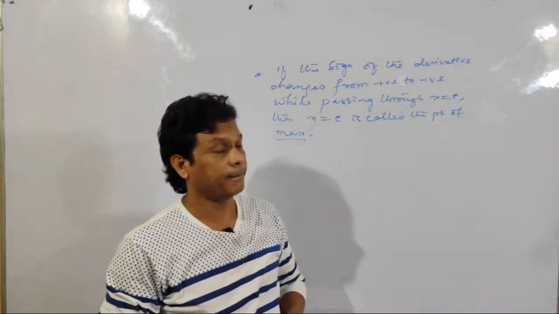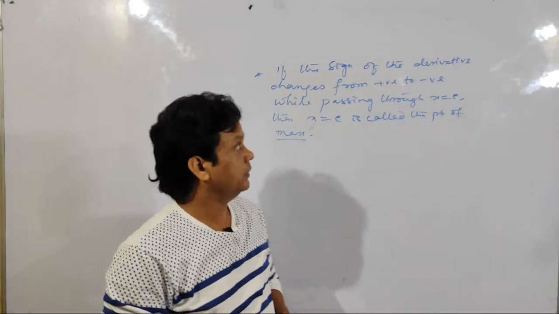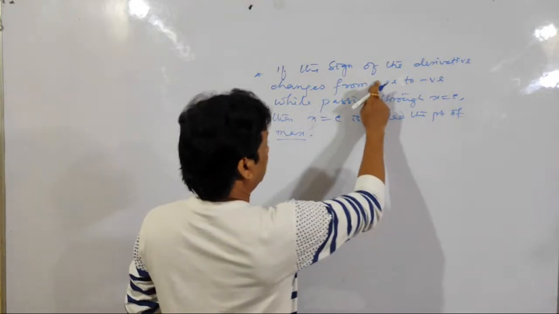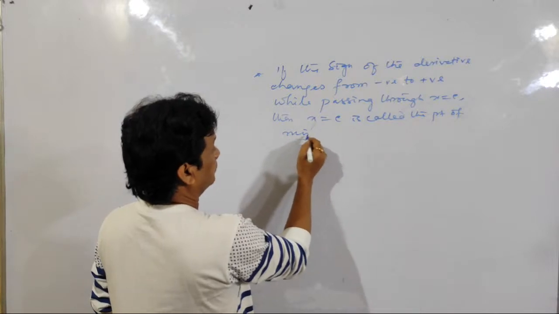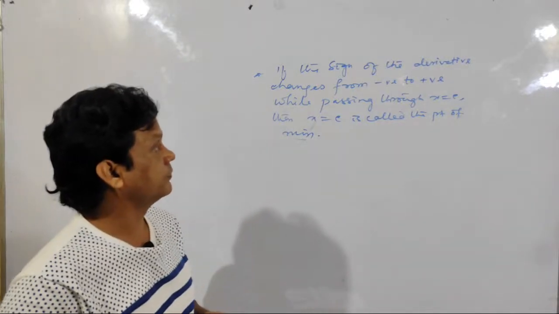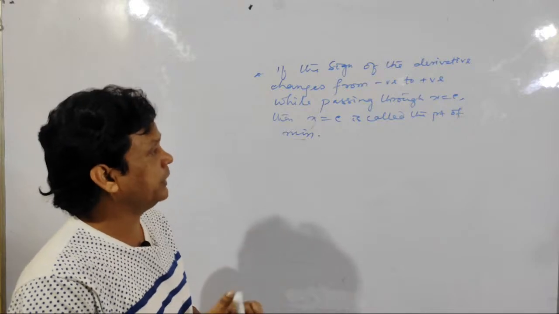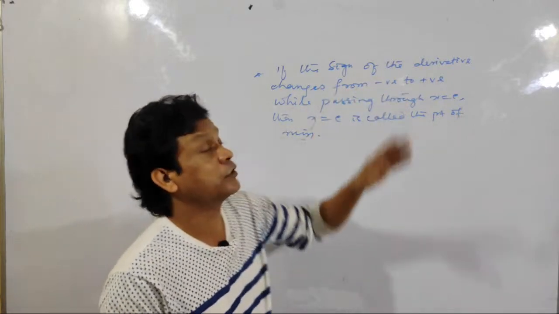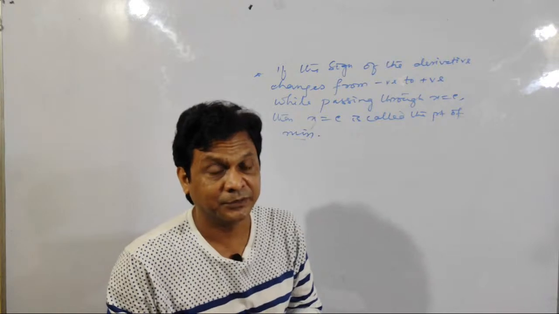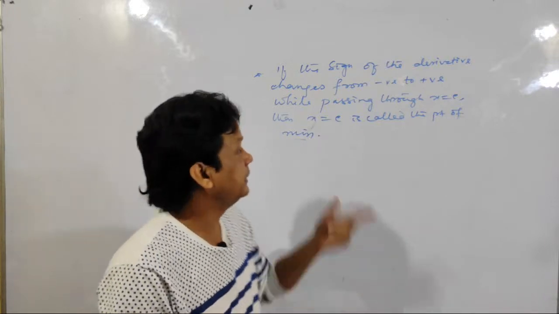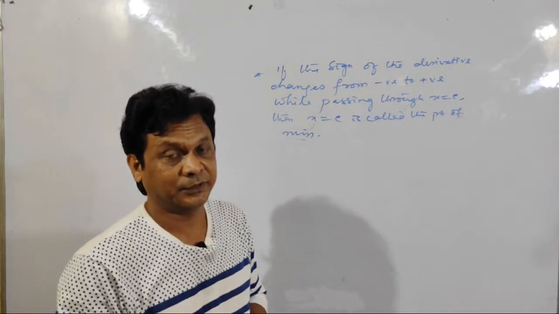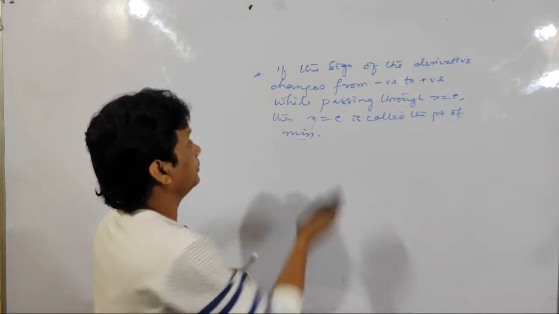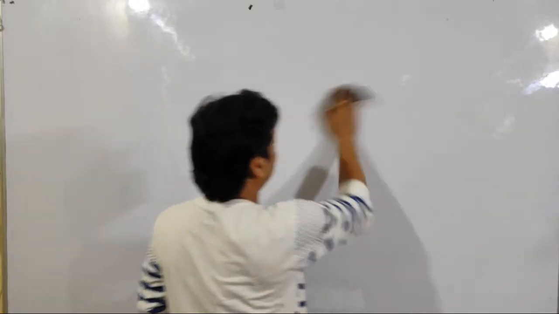Positive to negative. And the second point, if it is negative to positive, then the point is called minima. Clear? And the third point, if the sign of the derivative does not change, that means it will remain same, then it is called a saddle point. Clear? So let us see how to solve the problems using the first derivative test.